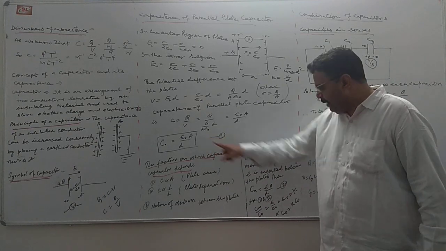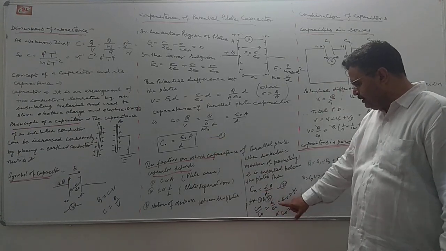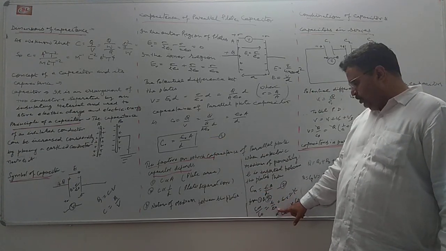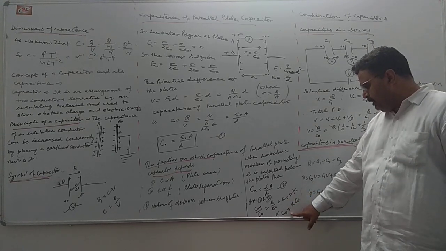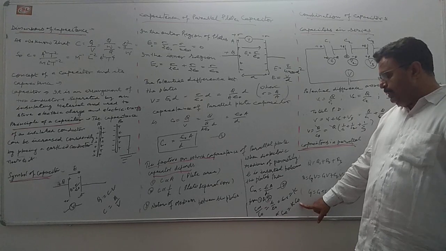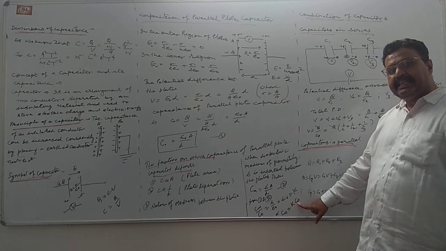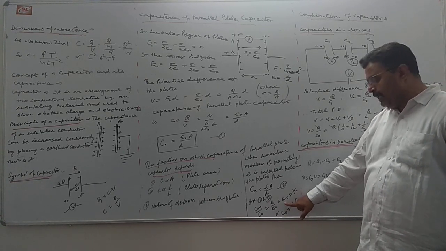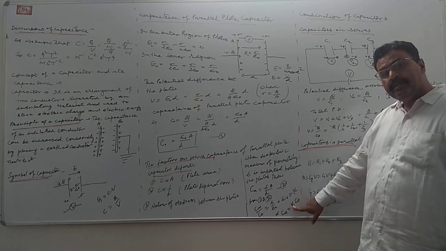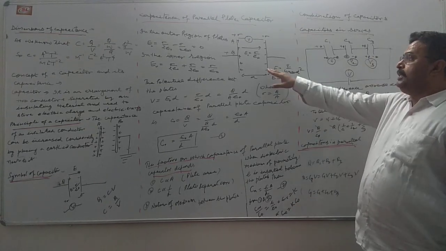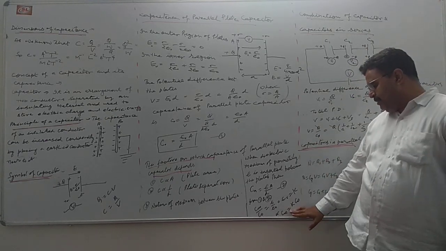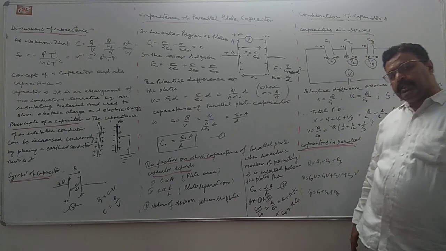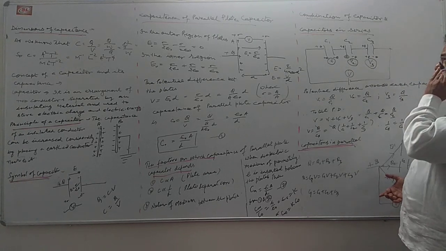When we divide these two, this becomes epsilon upon epsilon naught, equal to epsilon r, equal to K, or C m equal to K C naught. It means the capacitance becomes K times, where K is the dielectric constant of the insulating material filled between the two plates. So the capacitance increases by K times.